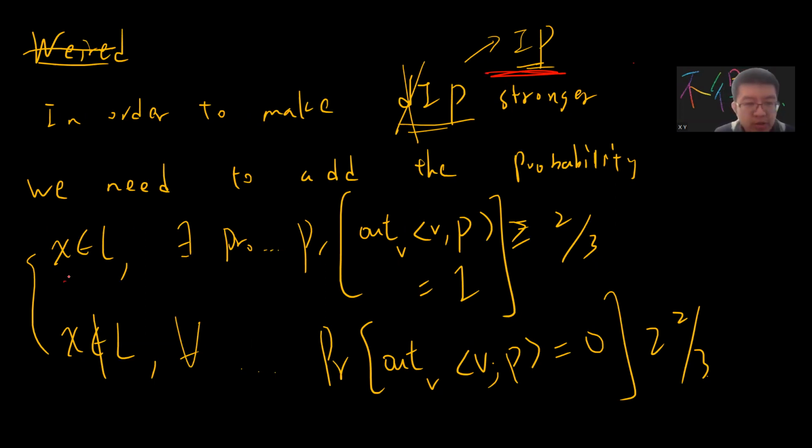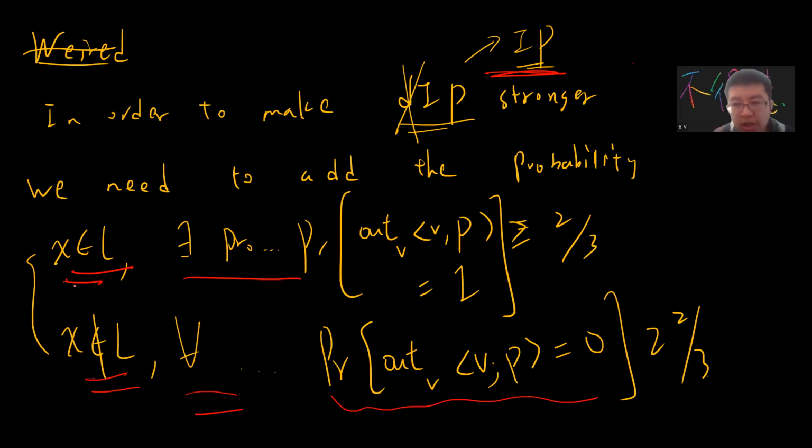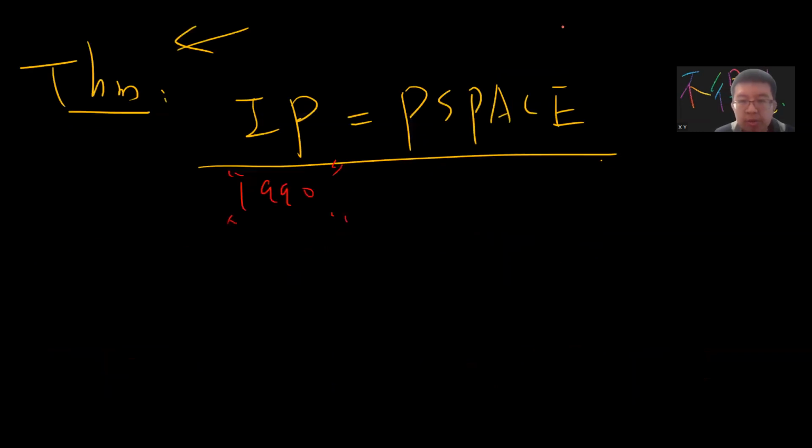If x belongs to L, there's an interactive protocol such that the prover convinces the verifier with high probability. If x does not belong to L, then for all prover strategies, the prover cannot cheat the verifier. If both satisfy this criterion, then we say L belongs to IP. The famous result is that IP equals PSPACE.